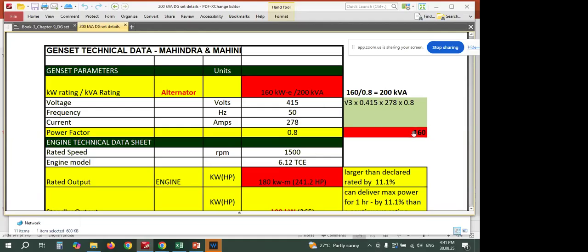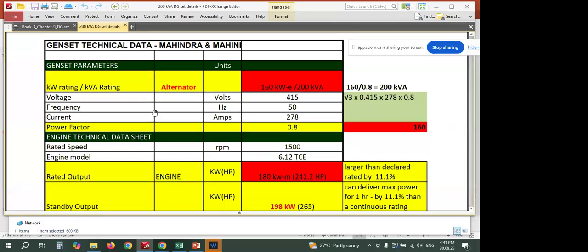Now this 160 kW means root 3 multiplied by voltage multiplied by current 278 multiplied by power factor 0.8. So this becomes 160 kW, which is a rated capacity, that is declared capacity.